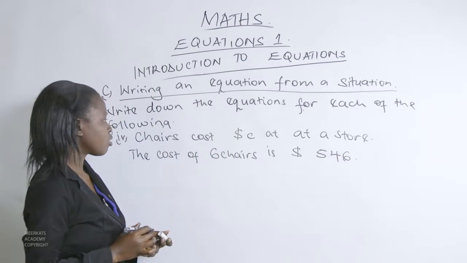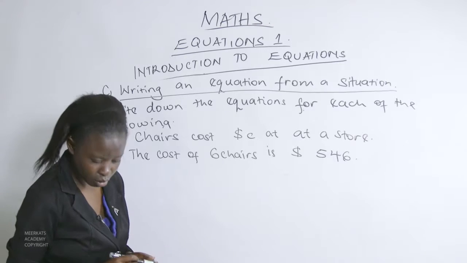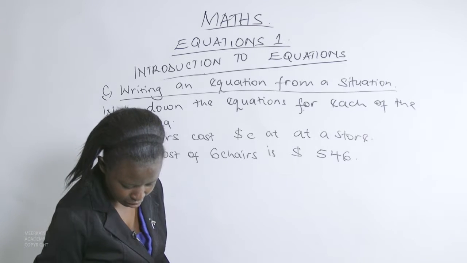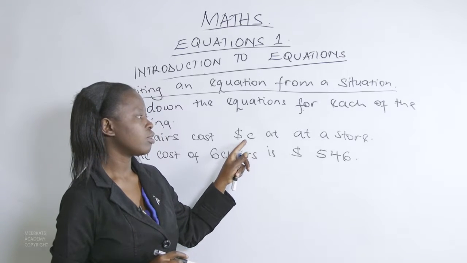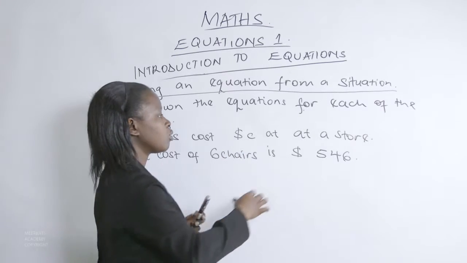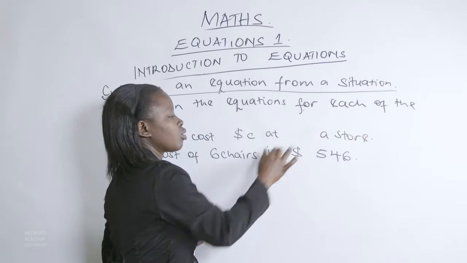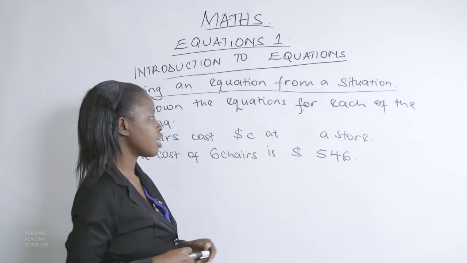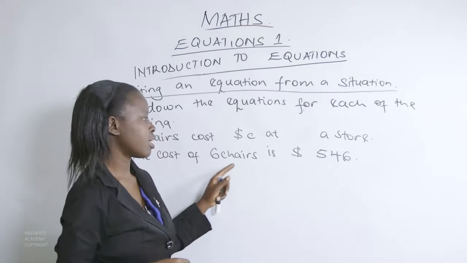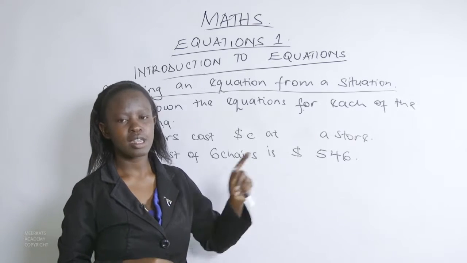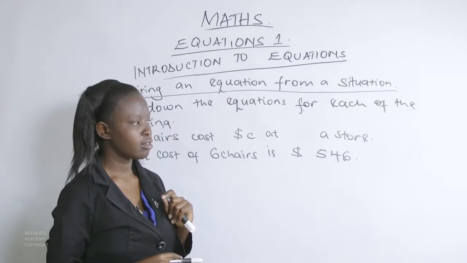So we have the cost of chairs is $C at a store. So at a store, you will get a chair at $C. Then the cost of 6 chairs is 546.